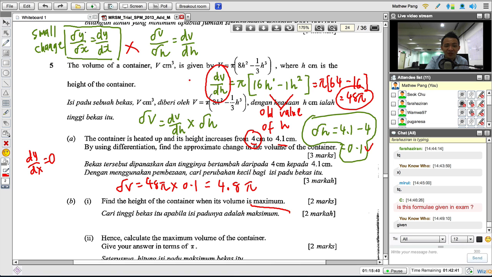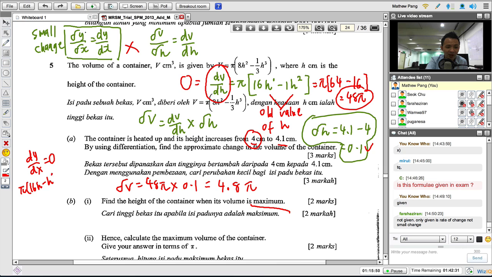So you make dv/dh equal to 0, then you can find the maximum. We have this ready, so I write pi times (16h minus h squared) equals 0. Pi I can move to the other side, just 0, nothing special. So 16h equals h squared, so h is equal to 16. Okay, I got the h already.